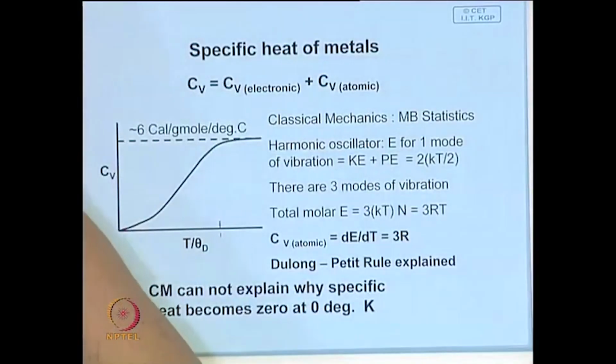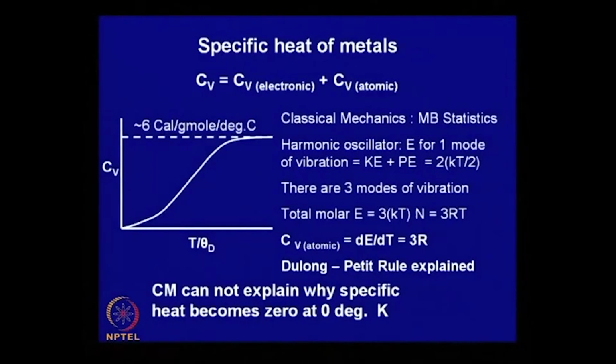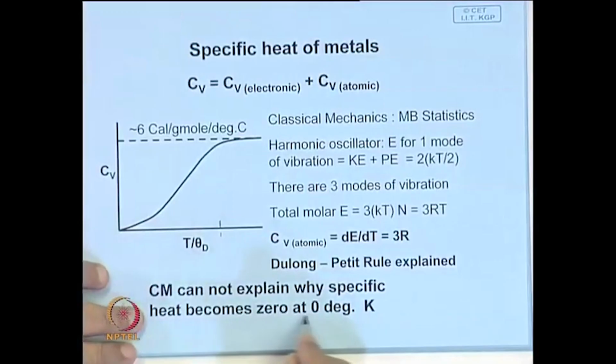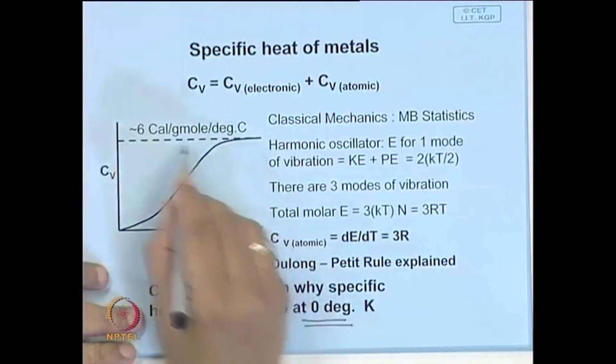Now, we also looked at specific heat. We looked at the specific heat of metals, where we came to know that classical mechanics cannot explain why specific heat becomes 0 at 0 degree Kelvin. Classical mechanics can explain the Dulong-Petit law.